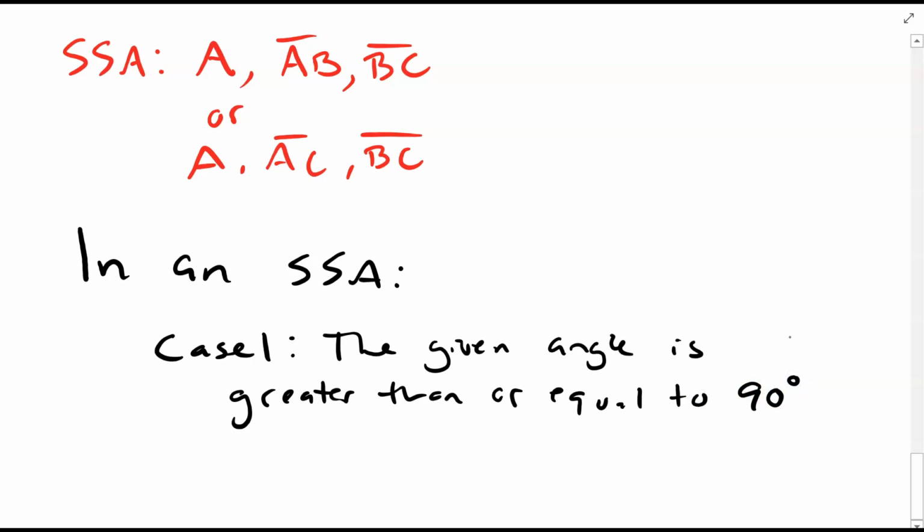So the first case is that the given angle is either greater than or equal to 90 degrees. It's either a right triangle or it's an obtuse triangle.